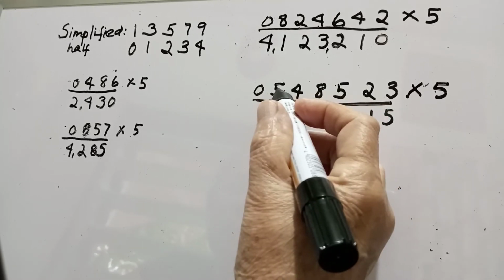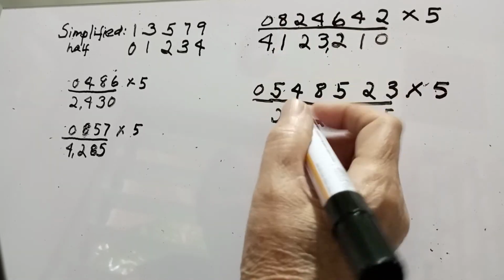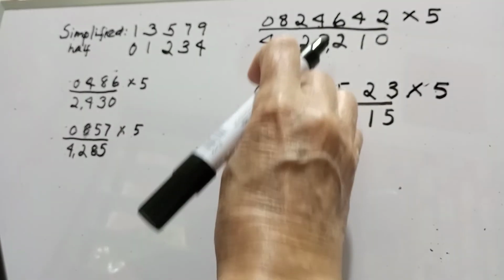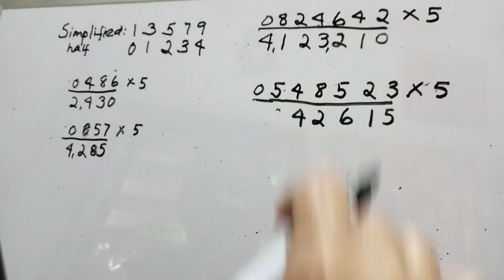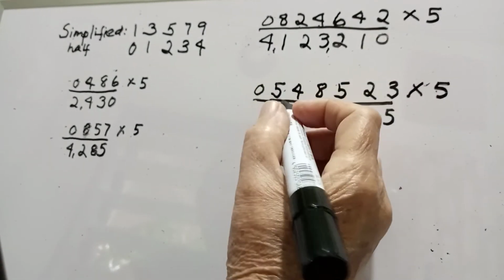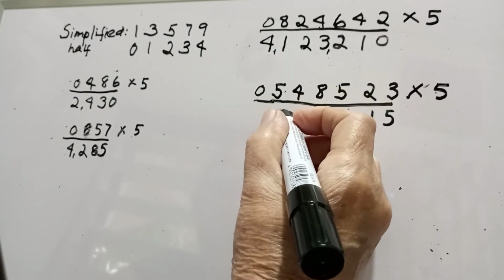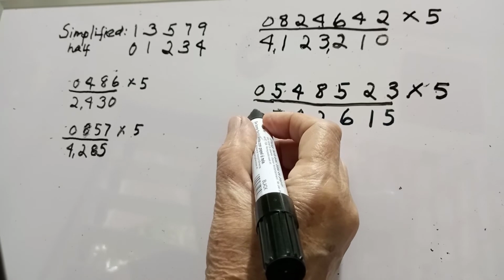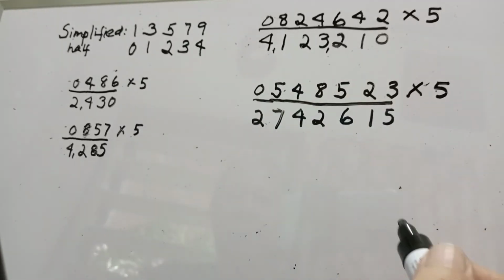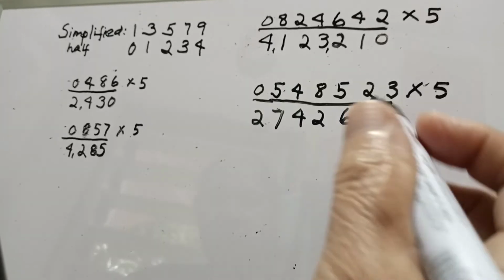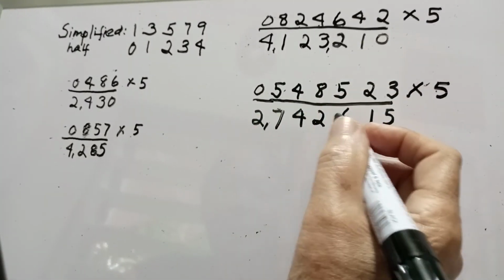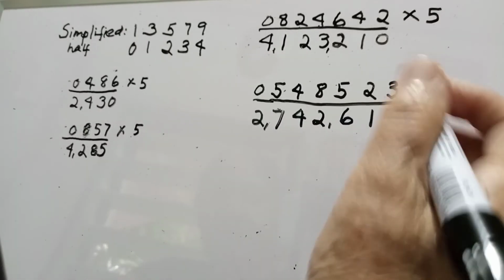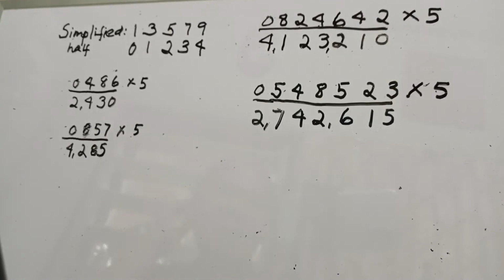No. 5. Take 5 plus half of 2, which is 2. This must be 7. I am dreaming. Okay? And take 5 plus half of 4, it is 7. Even, take half of 5, this is 2. So, the answer is 2,742,615. How many seconds did we spend?